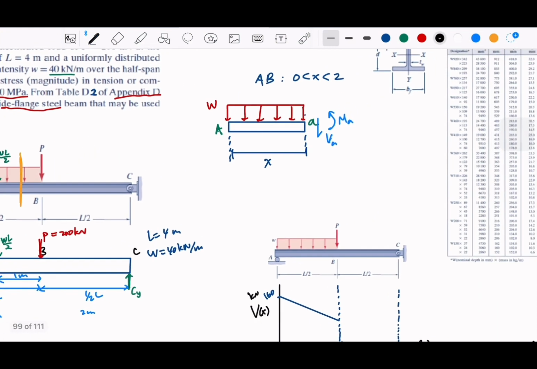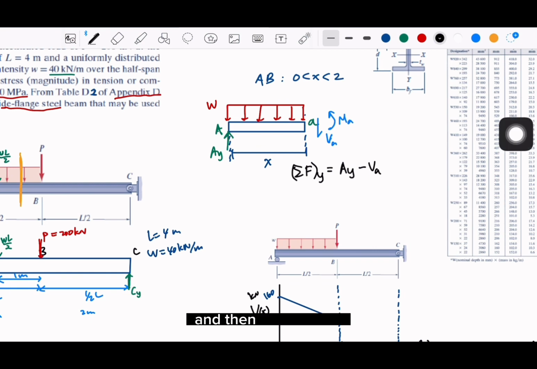So yeah, we can just write that Vx, or writing the sigma F, taking this is AY minus VA and then minus the WX, which is here, this one, and this one here is WX over 2.